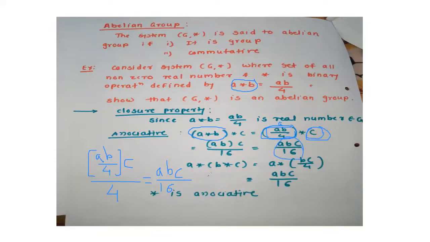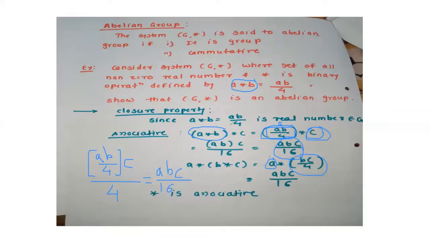Second, your RHS, that is A star, B star C. Here again, B star C as per our definition is BC by 4. So A star BC by 4. This is your first number and this one is your second number.